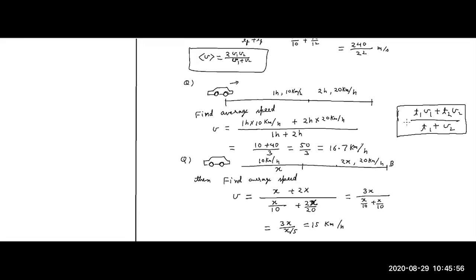This is the formula for average speed. And for this one, you can write the formula x1 plus x2 divided by x1 by v1 plus x2 by v2. This is what we have done in these two cases, so you can use these two formulas for these two cases and solve.